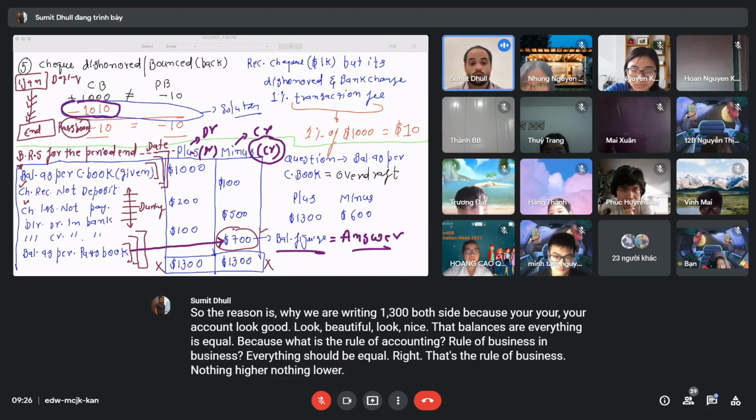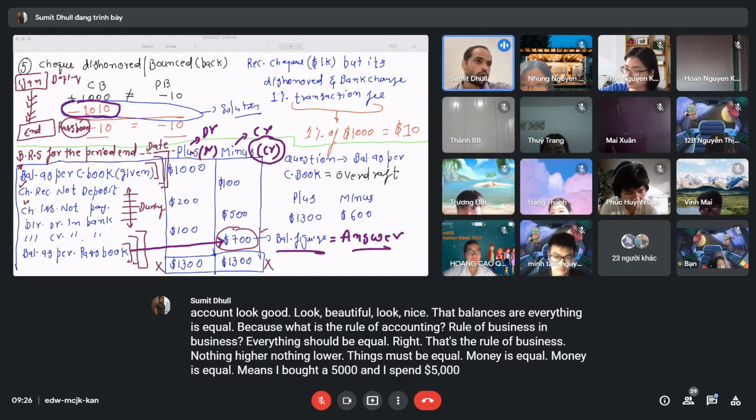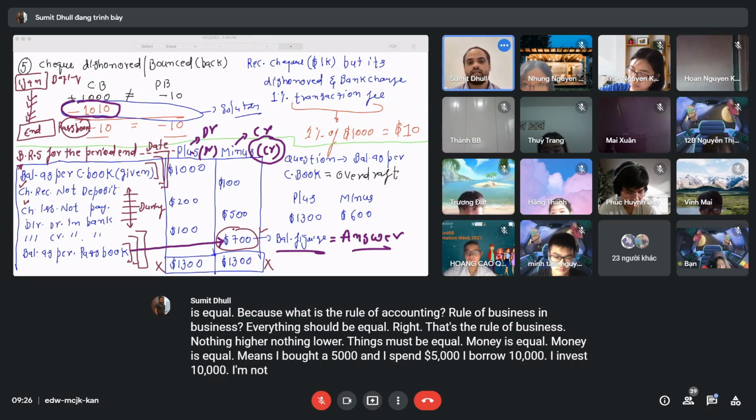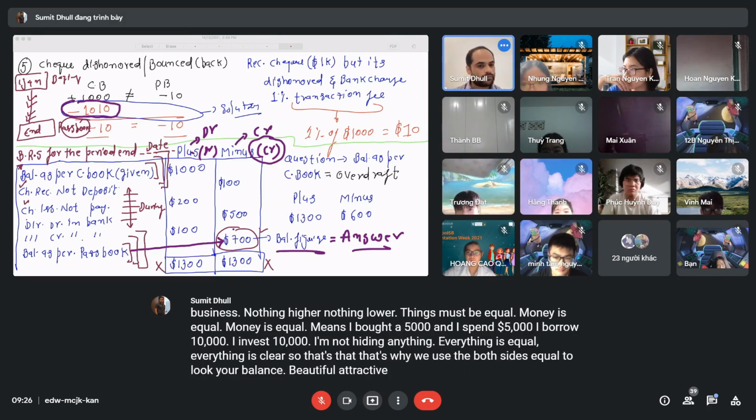Things must be equal. Money is equal means I borrow $5,000 and I spend $5,000. I borrow $10,000, I invest $10,000. I'm not hiding anything. Everything is equal, everything is clear. So that's why we make both sides equal, to make your balance look attractive to people, and they also have a positive view about your balance.